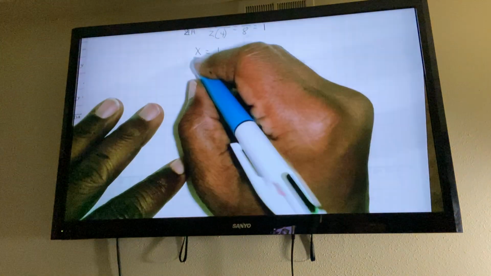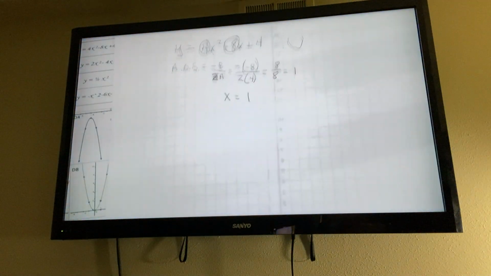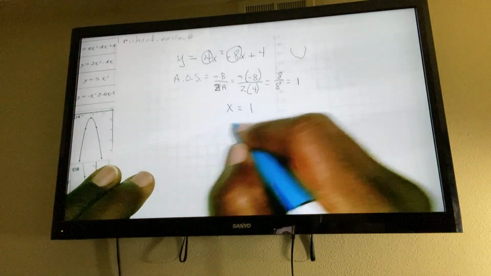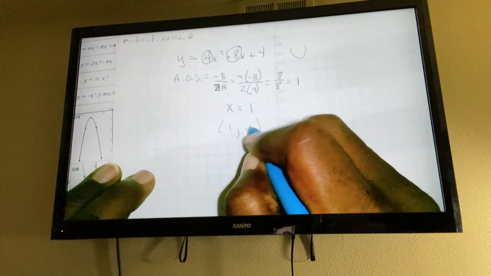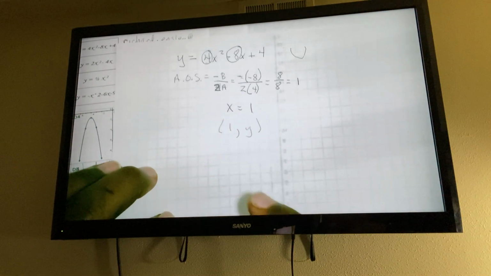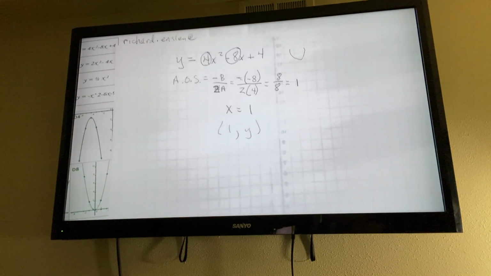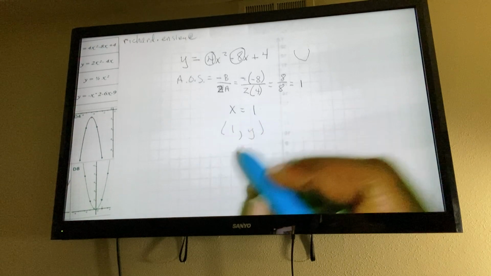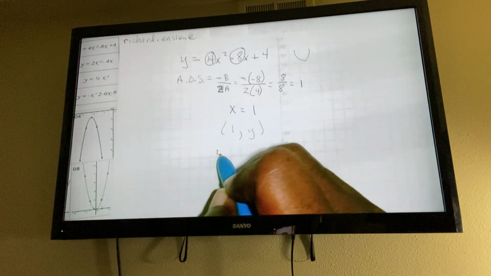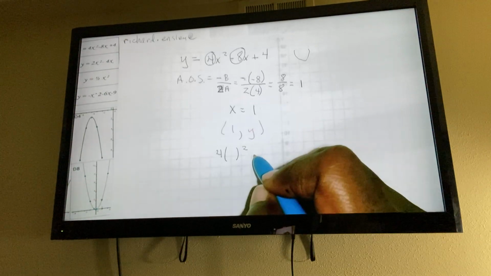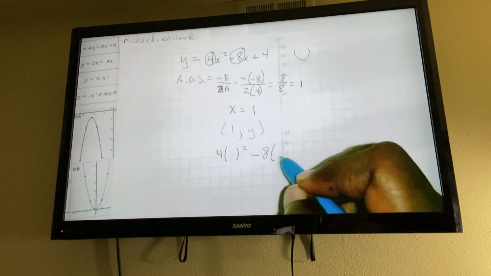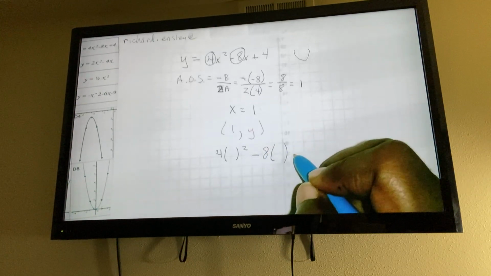Okay, and our vertex is going to be 1 comma, whatever we find out what y is. So when we plug 1 back into our equation, remember, make your parentheses for x, so we can substitute back in.